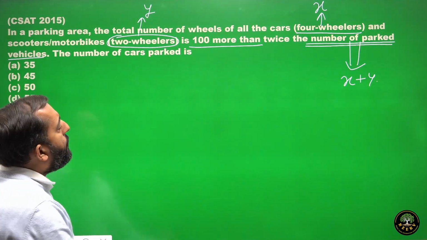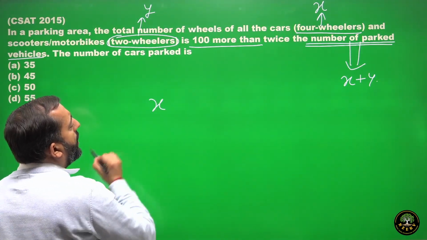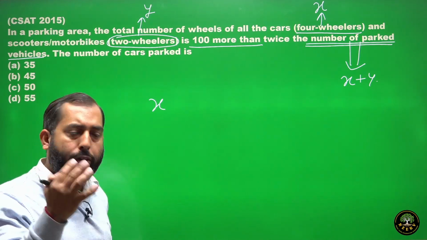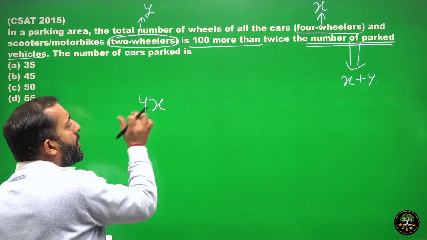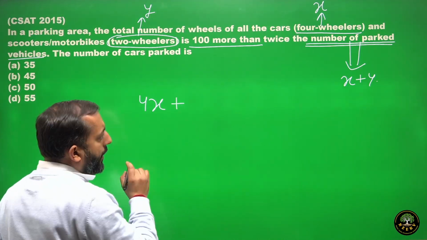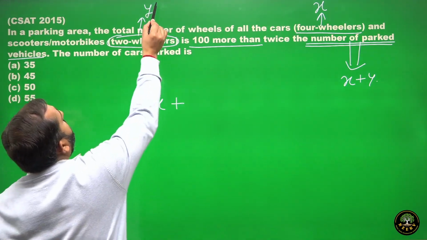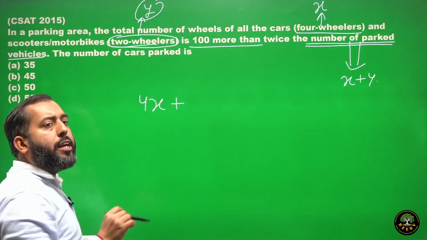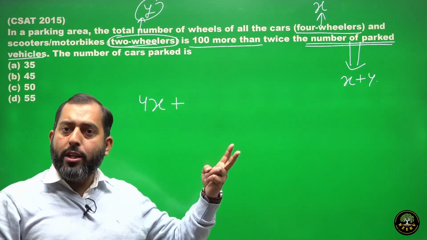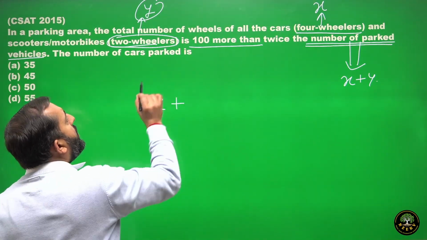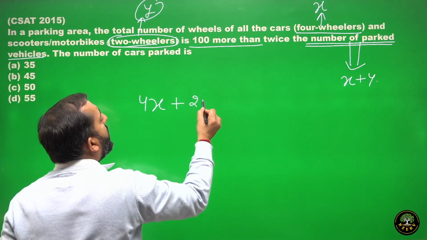Then if X is the number of cars, every car has 4 wheels, so total wheels because of cars should be 4X. Next, if Y is the number of 2-wheelers, every 2-wheeler has 2 wheels only, so total number of wheels because of 2-wheelers will become 2Y.